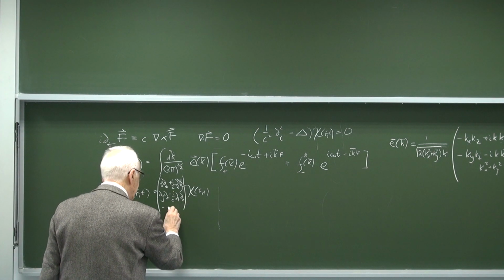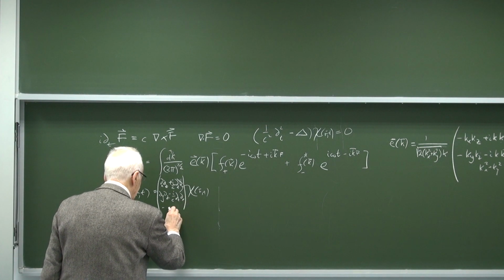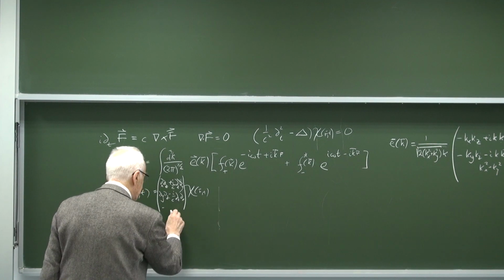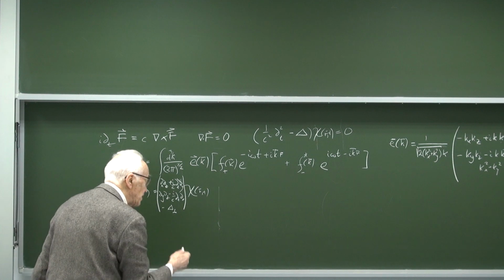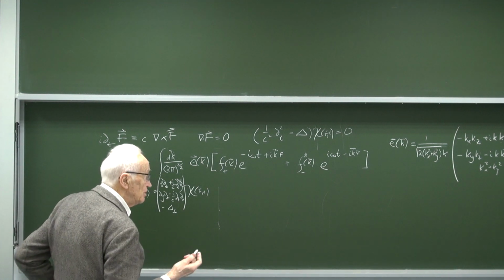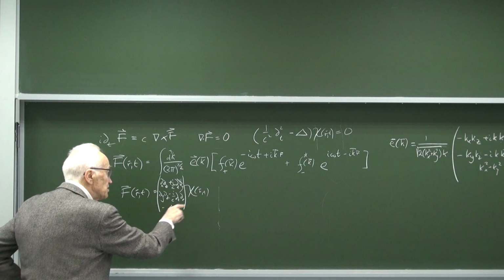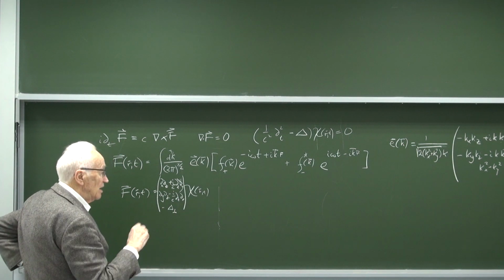And here we have with the minus sign the two-dimensional Laplacian, which I will denote d transverse, the Laplacian with respect to the coefficients kx, ky.